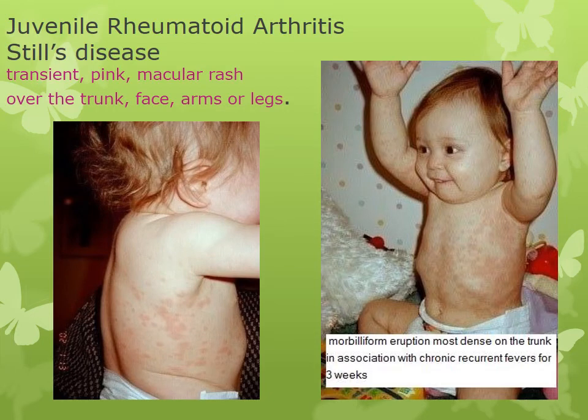In children, the disease is called juvenile rheumatoid arthritis or Still disease. The cutaneous manifestation here is very similar to a viral exanthem. There is a transient pink macular rash over the trunk, face, arms, and legs.